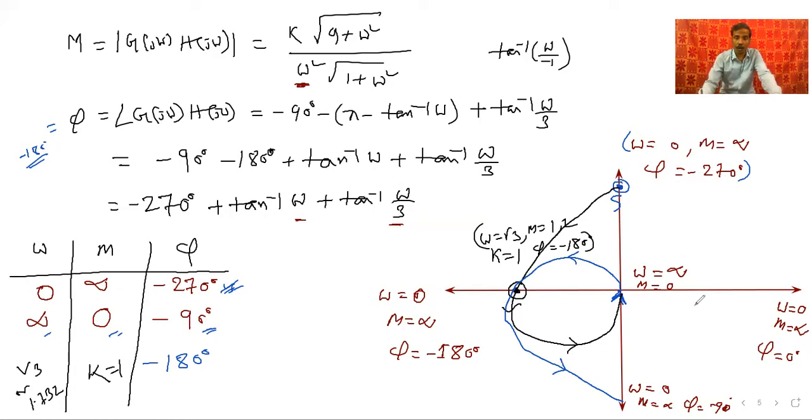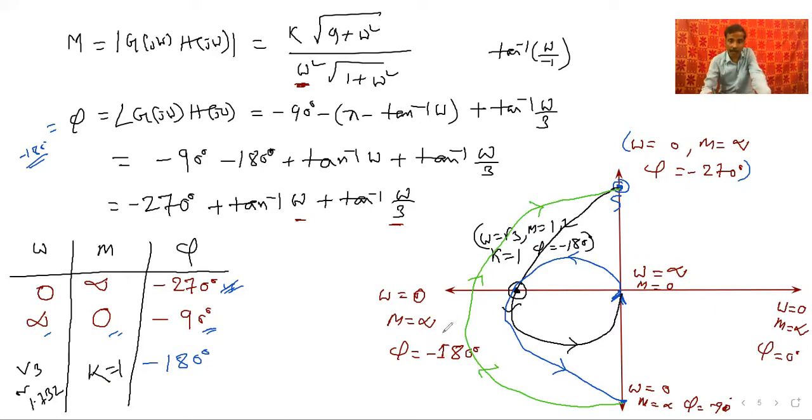And draw a contour from the ending point to the starting point, in the clockwise direction. So this is the clockwise direction contour. And determine the stability for this system.